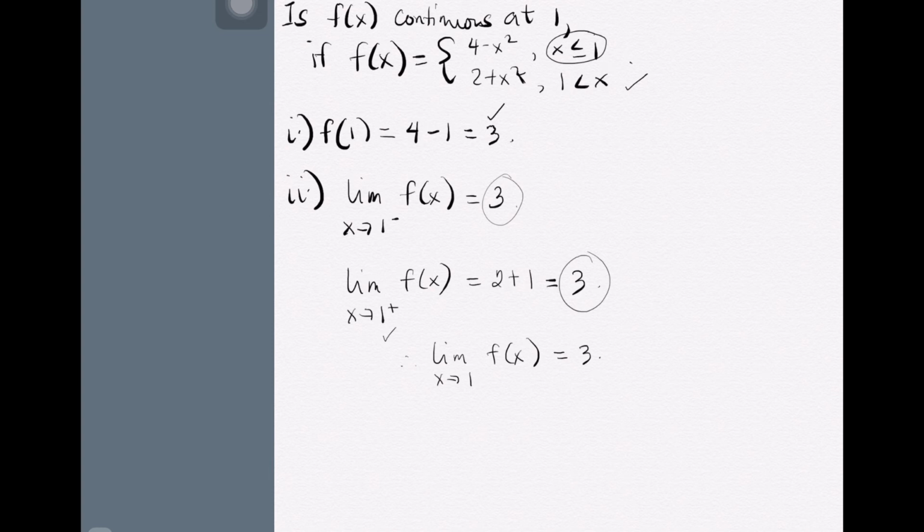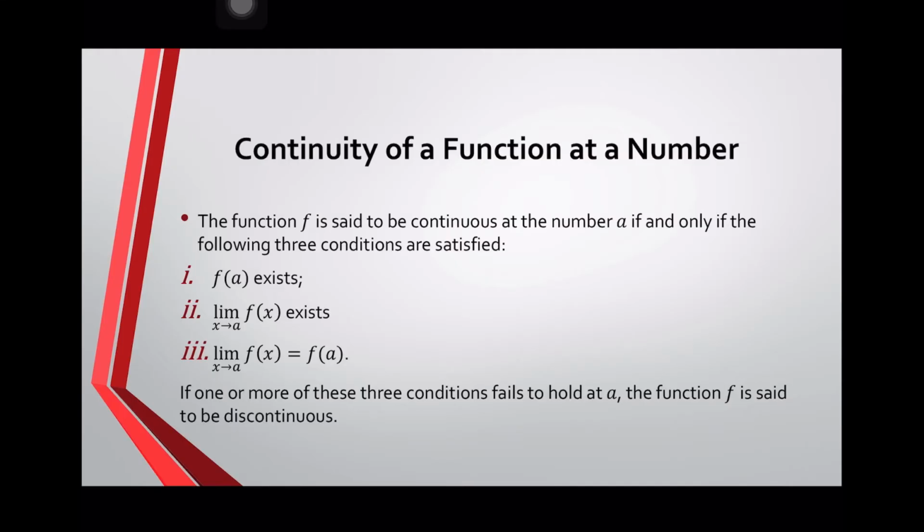There you go. So moving now to our third and last condition. Our third condition says that we have to have the answer at our first condition, that f of a, be equal to our answer at the second condition, that would be this part right here. If that happens, then definitely the function would be continuous at the number a.